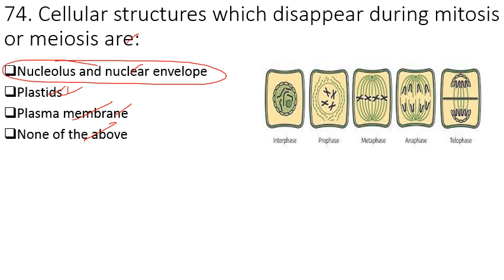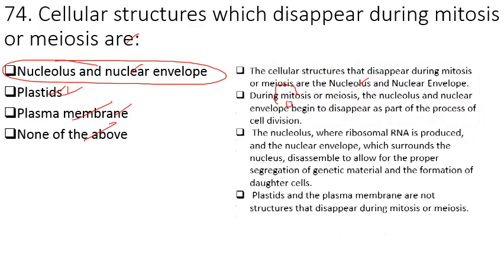As we can see here in the interphase, there is a clear-cut structure, that is the nucleus and the nuclear membrane, while in later phases of mitosis, this nuclear membrane gets disappeared and the nucleus also gets disappeared. So the cellular structures that disappear during mitosis or meiosis are the nucleus and nuclear envelope.